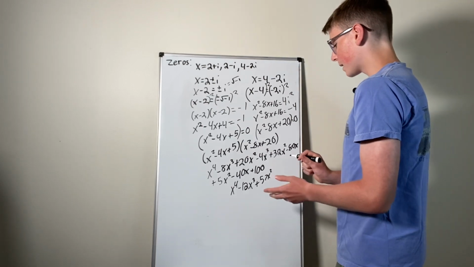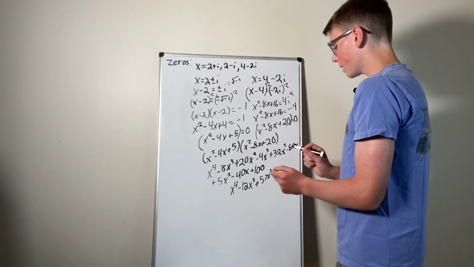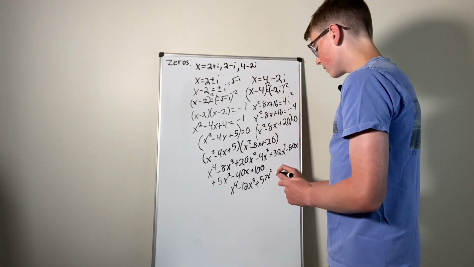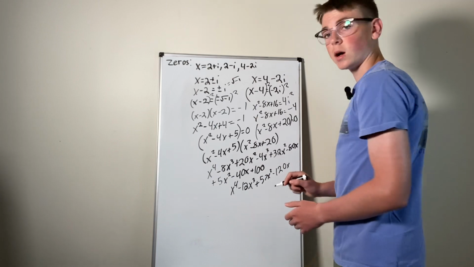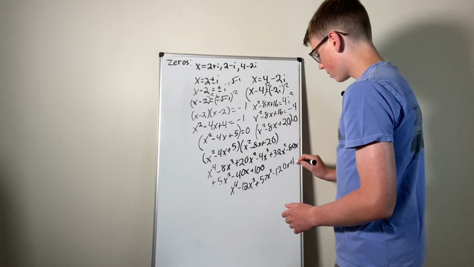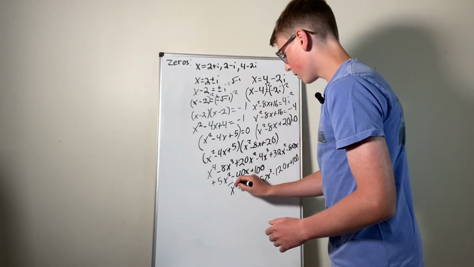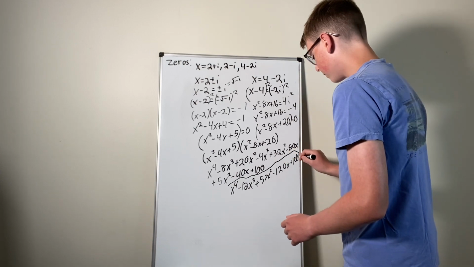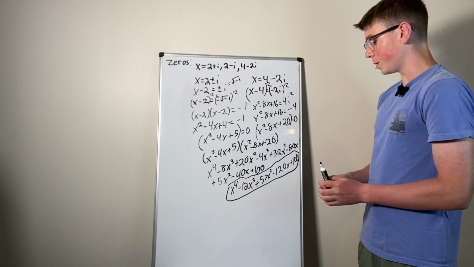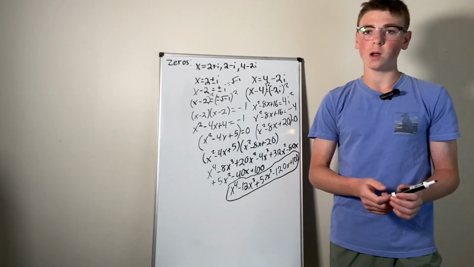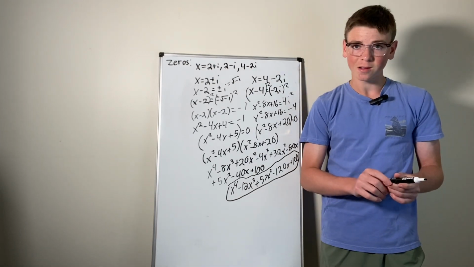Then we go to our x's. We have negative 40x and negative 80x, which gives us negative 120x. And then as our constant, we have 100 at the end. Our final equation is x to the fourth minus 12x cubed plus 57x squared minus 120x plus 100.